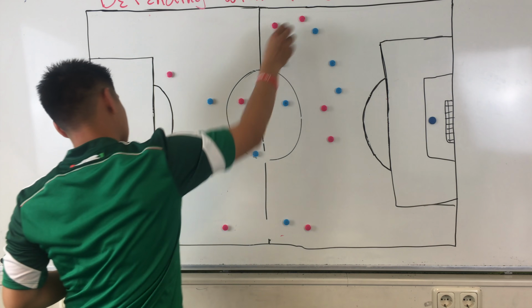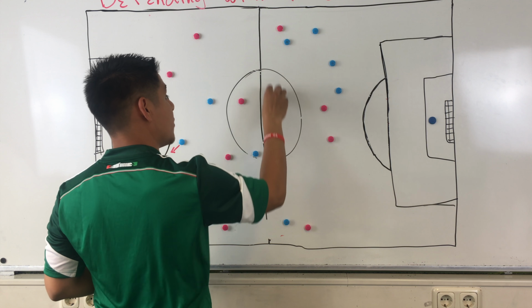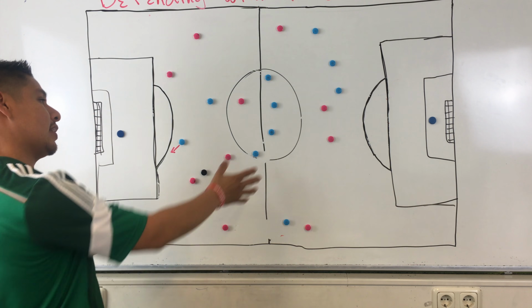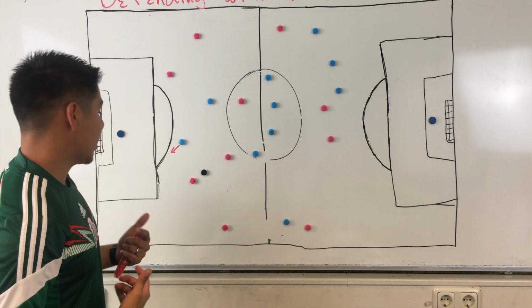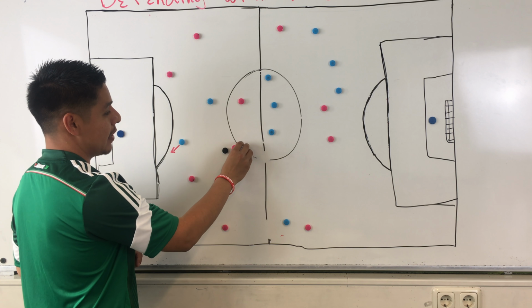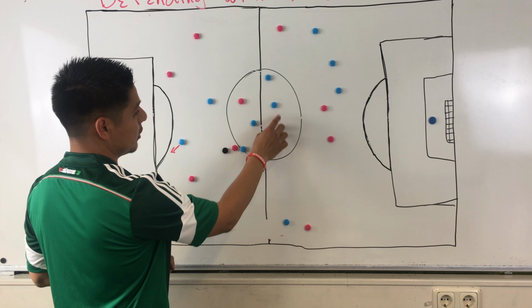Okay, but let's go back once again. So we're shifting here. We're compact in the middle. We're definitely at a numerical advantage in the center of the field, which is a big plus for us. So if this pass happens, then we just pressure, and we shift here.